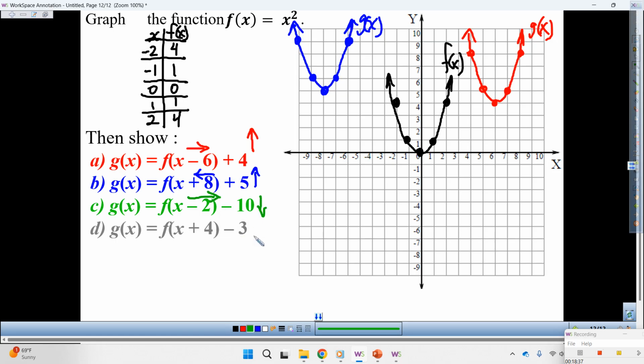Hands, have you got that? That is correct. 2 to the right, 10 down. That's g of x. And I'll leave the last one for you to do.